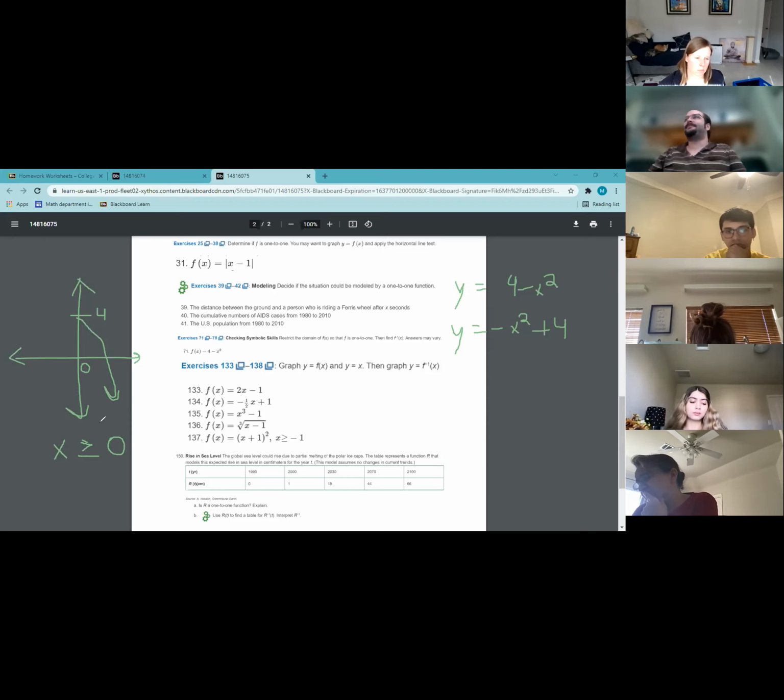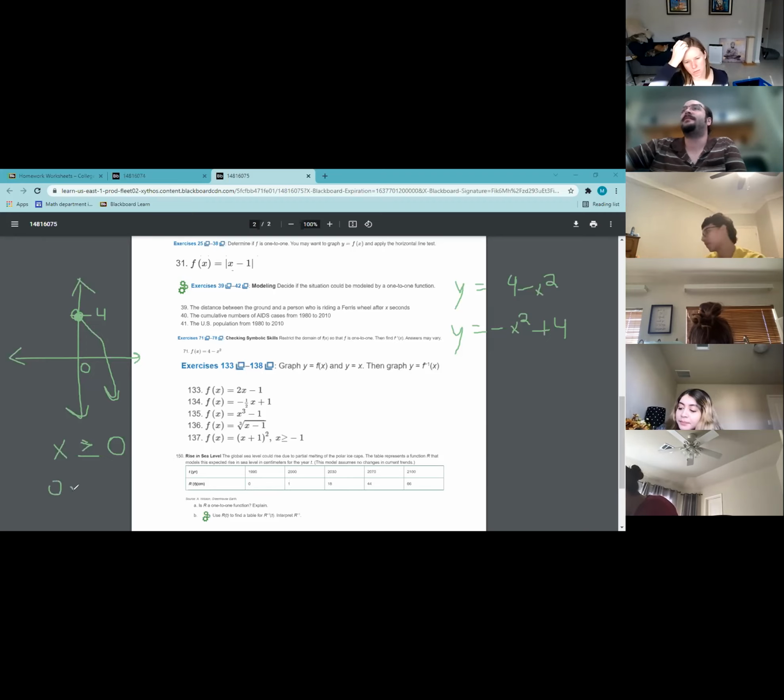And if we do that, the domain should be that x is greater than or equal to 0, and that will restrict our parabola. So 0 to infinity is another way we could write it. Yeah, that's it.